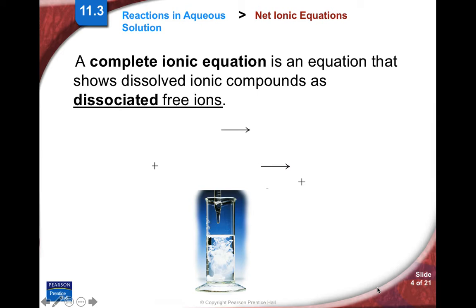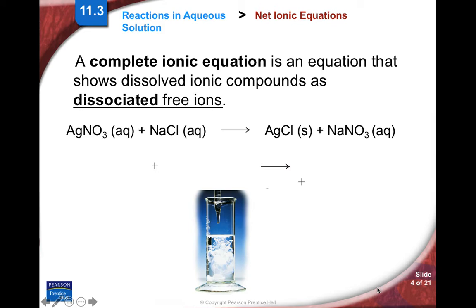Complete ionic equations are equations that have all the possible ionic species, all the dissociated free ions. So this is a reaction that I did for you in our lab that we just completed. Silver nitrate and sodium chloride, aqueous, they're both soluble in water.